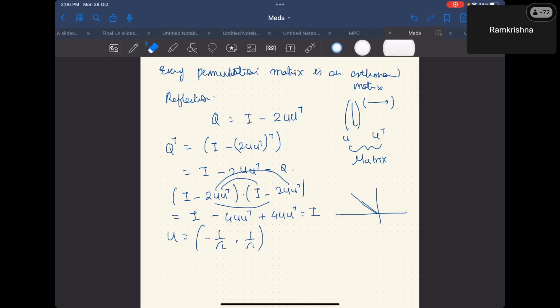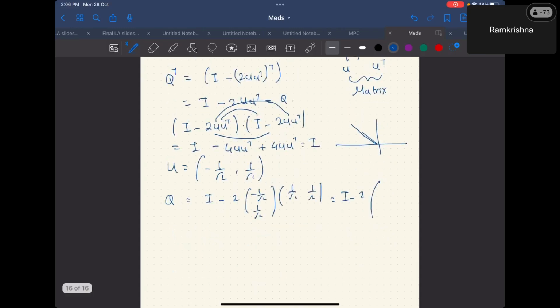Okay, so what does this operation do? If I just take any vector, so q is identity minus twice u u transpose, where u is of the form negative 1 over square root 2, 1 over square root 2.